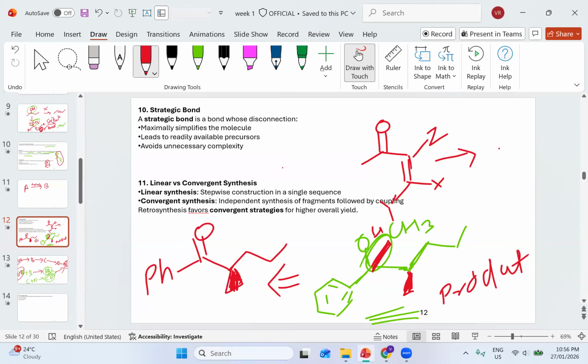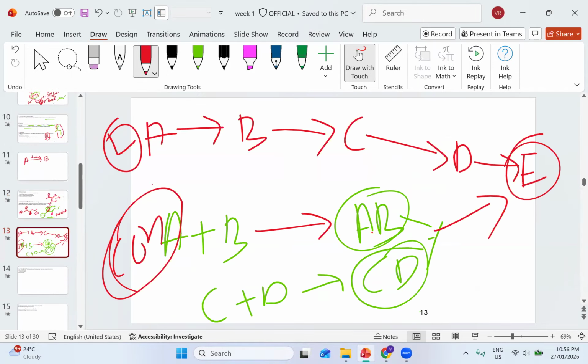So the reason behind the higher yield in the convergent synthesis compared to the linear synthesis is, let's say all steps are giving 90% yield. So let's say we get 90% yield in this reaction, 90% for this reaction, 90% for this reaction, 90% for this last step.